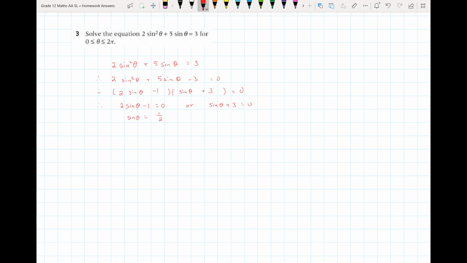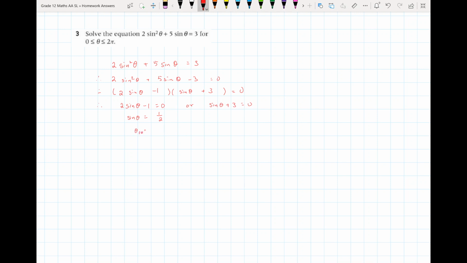Okay. For this question, actually, I don't really need a calculator because sine theta is 1/2 when exactly this is pi by 6. We're in radians, so this is equivalent to 30 degrees. But this is just a reference angle, right? So therefore, the other angle is actually pi minus. Let me write it like this.